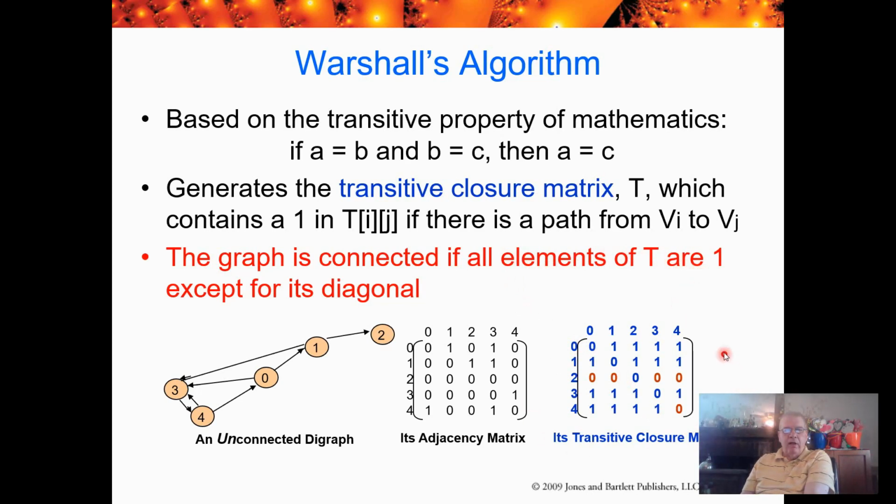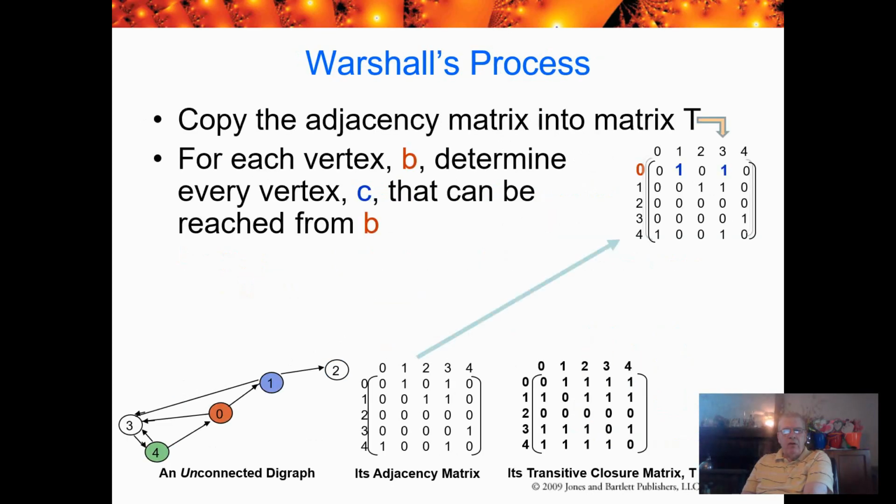So here's the adjacency matrix, here's the transitive closure matrix. So in a digraph, node 2 is not connected because once we get there, we're done.